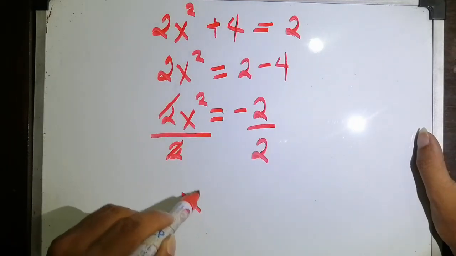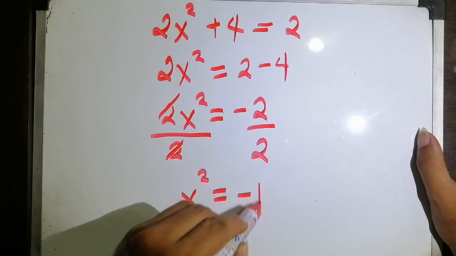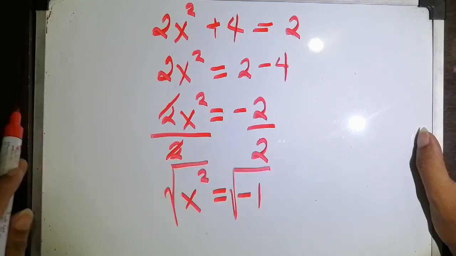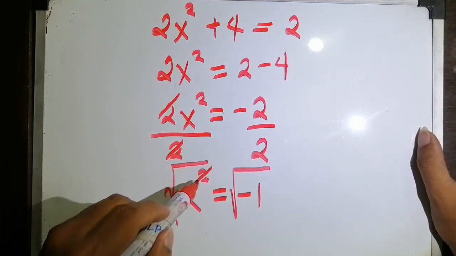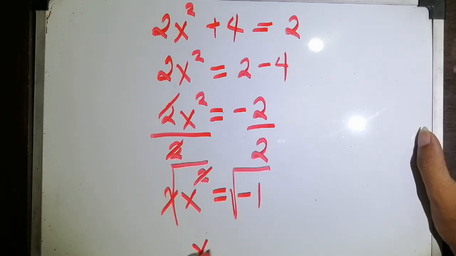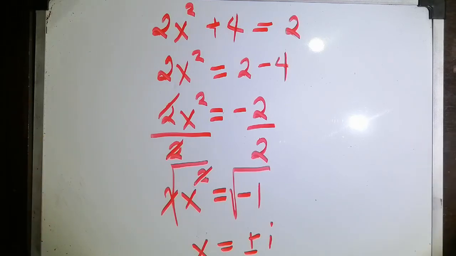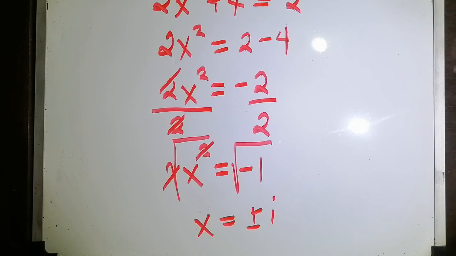Cancel. So, x squared is equal to negative 1. Okay, so square root natin both sides. Square root ng negative 1, we have plus or minus i, or imaginary number, based sa ating definition. Okay, so yan kapag yung c is less than 0. Yan yung ating solution.